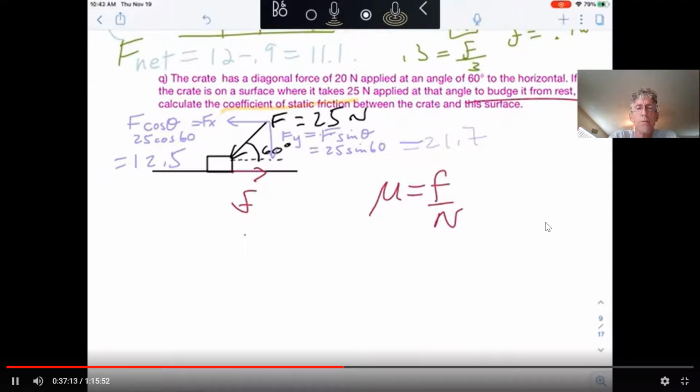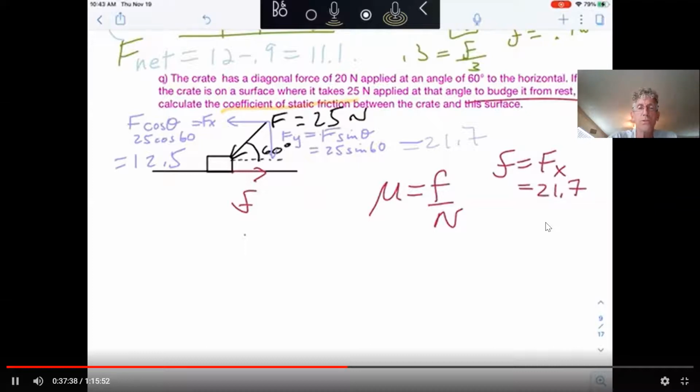But let's plug in our numbers. All I know is that Fx is opposing it. If it's not moving yet, it's just about to budge from rest, and I'm talking about the maximum static friction. So that equals Fx at that point.